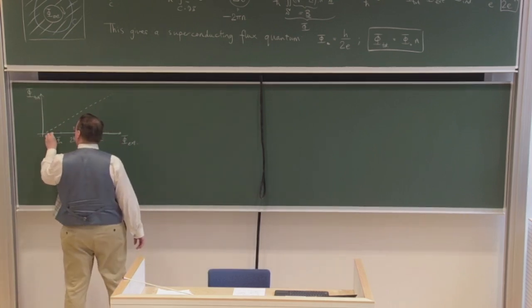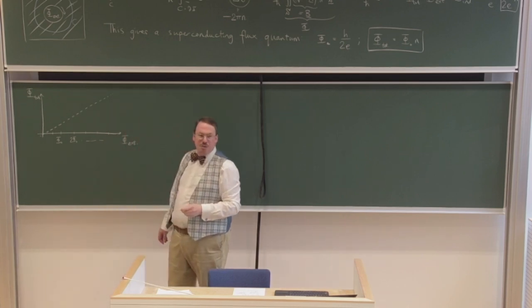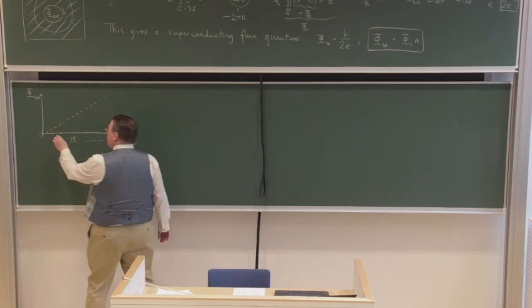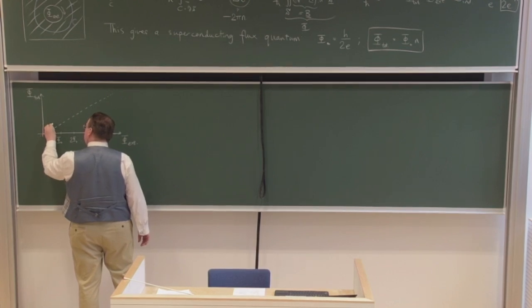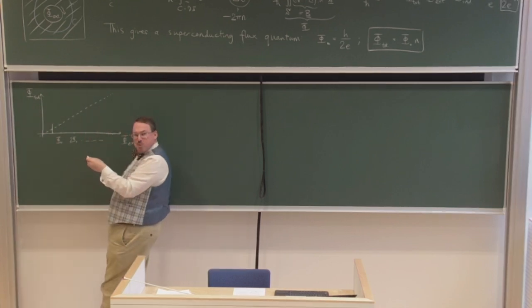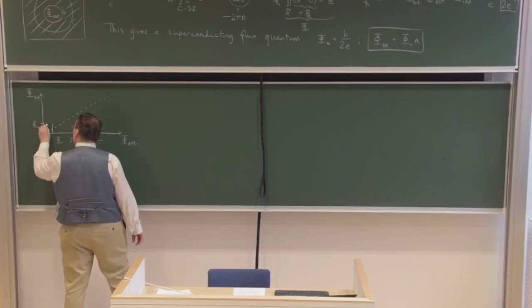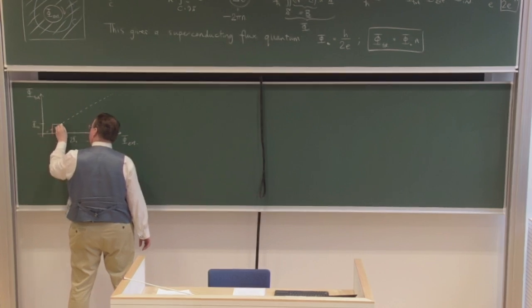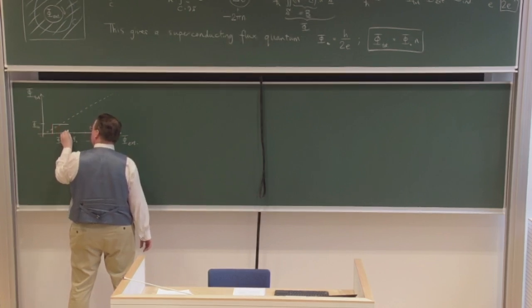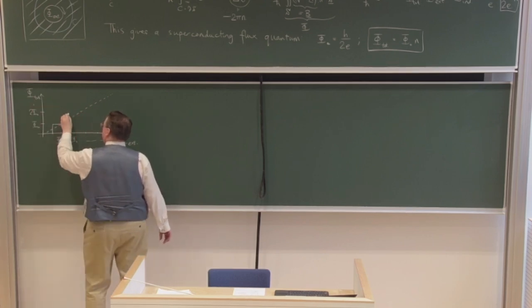Up to half a flux quantum of applied field, it will screen it out. Then when we get to half a flux quantum, it will jump to rounding it up to a full flux quantum. And then it will sit there until you get to 1.5 flux quanta of applied field, and then it will jump to rounding it up to 2 flux quanta, and so on.